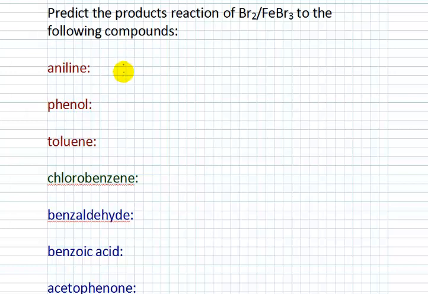So aniline, aromatic group with NH2, Br2, FeBr3 as a catalyst. Since it's an ortho-para director, I'm going to add my bromine ortho, and as a second product, I can add my bromine para.